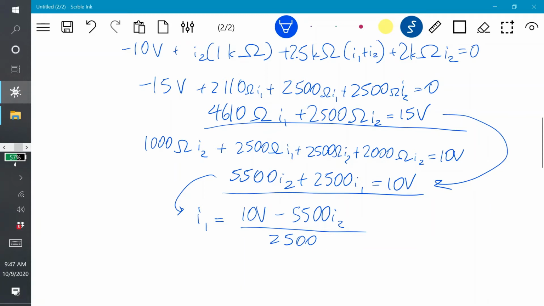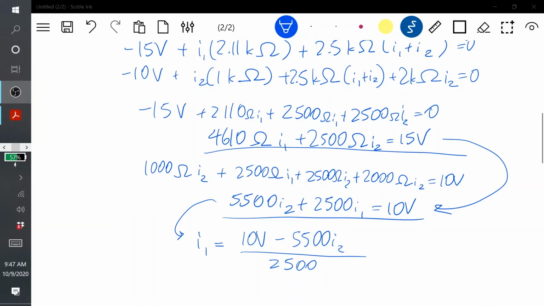So 10 volts minus... okay, so we have this equation now, and all we need to do is plug this back into here.